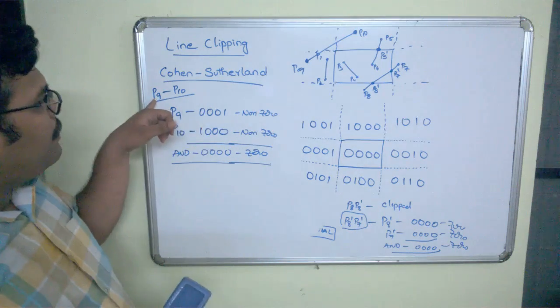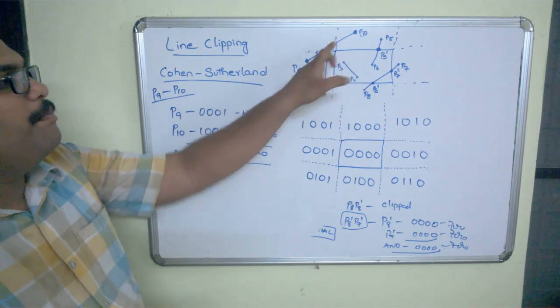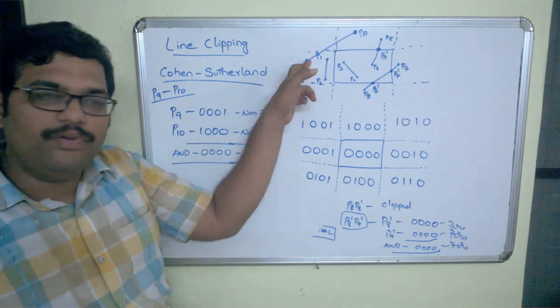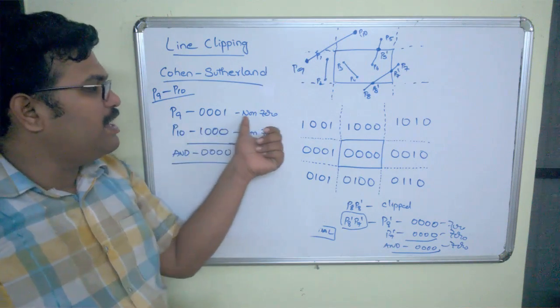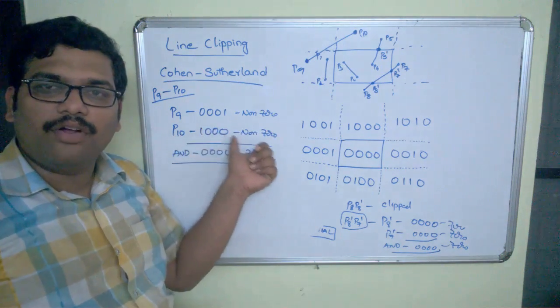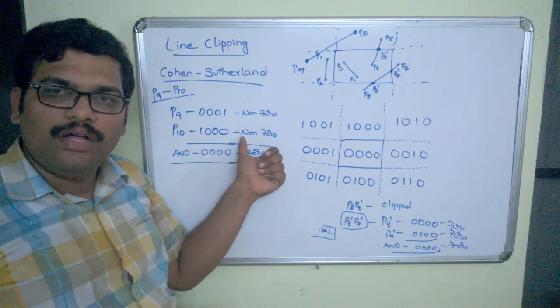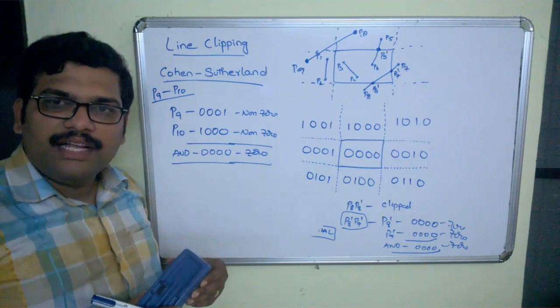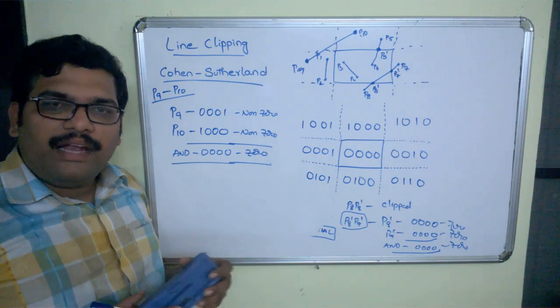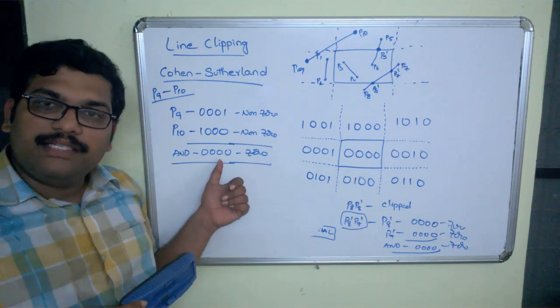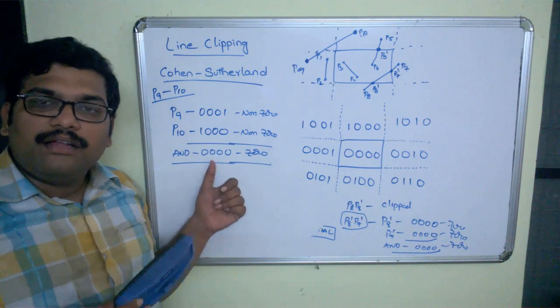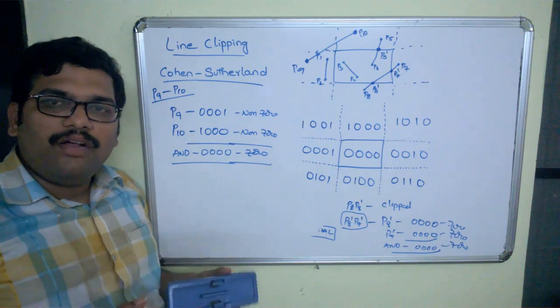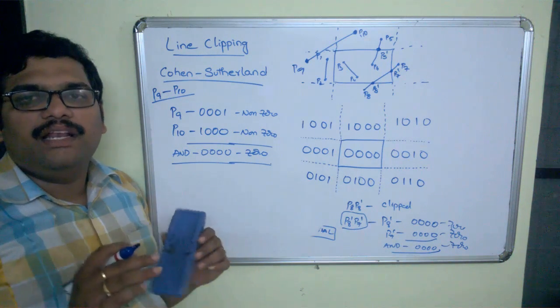But in this case, P9 and P10, the complete line is outside the window. P9 has a non-zero region code, P10 has a non-zero region code, and applying the AND operation gives 0. So even though we get the AND result as 0, the line may be outside or partially inside.